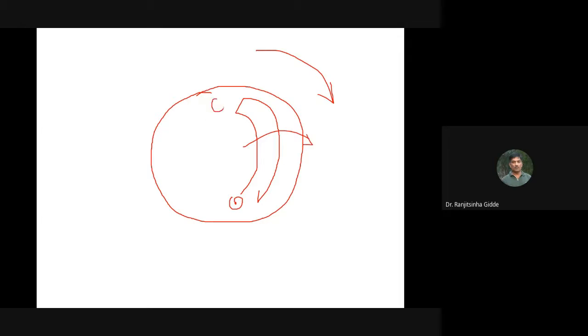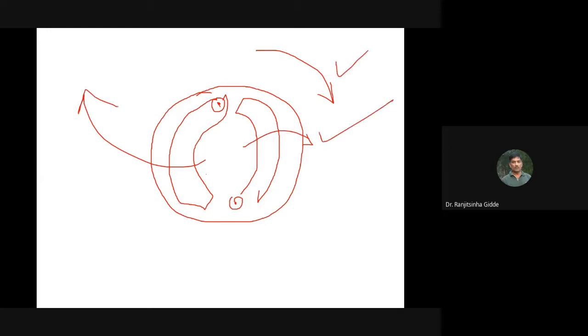And here another shoe is pivoted, and this is the pivot point. This one is the pivot point. It is expanding in this direction and it is expanding in this direction. So this is clockwise and this is also expanding in the clockwise direction.